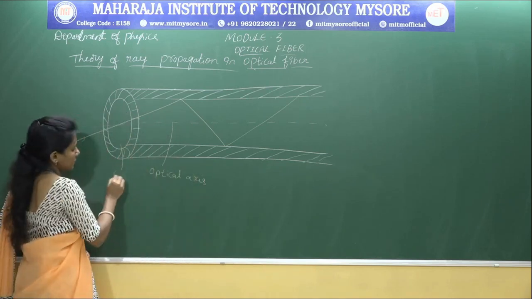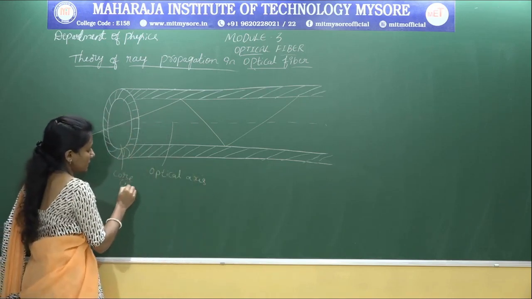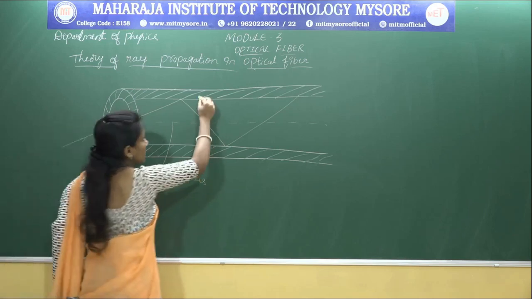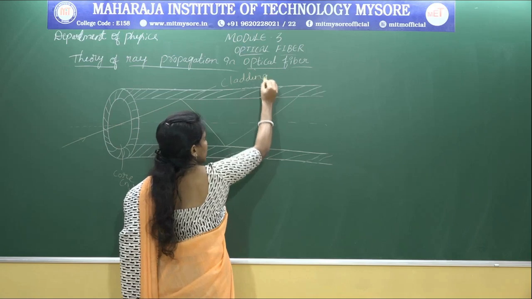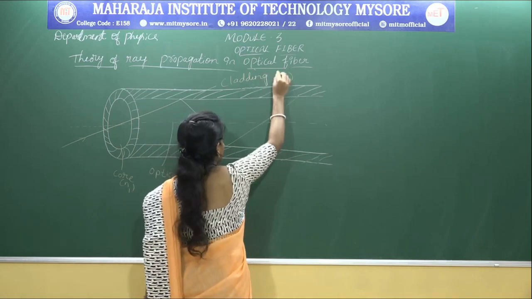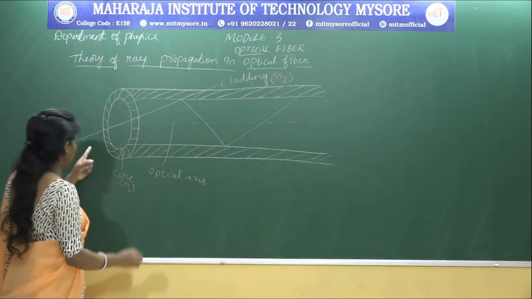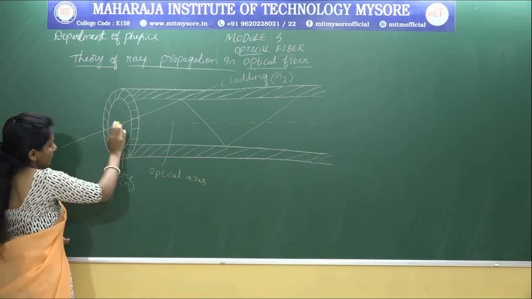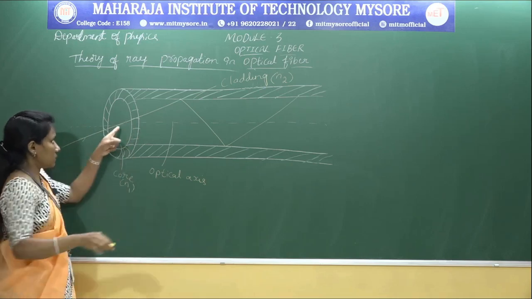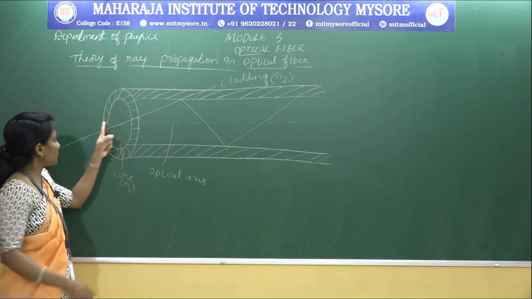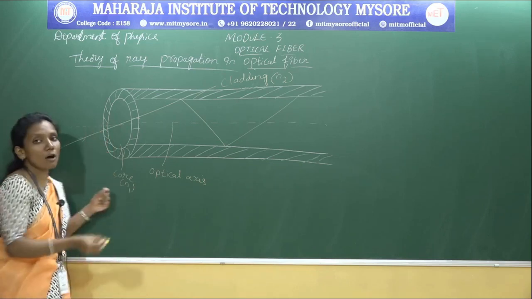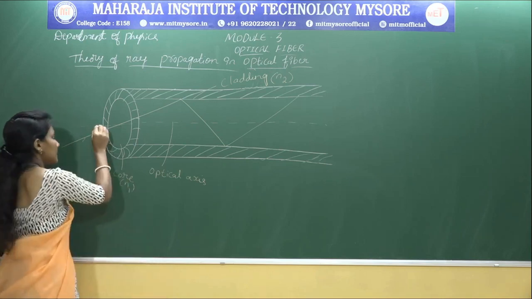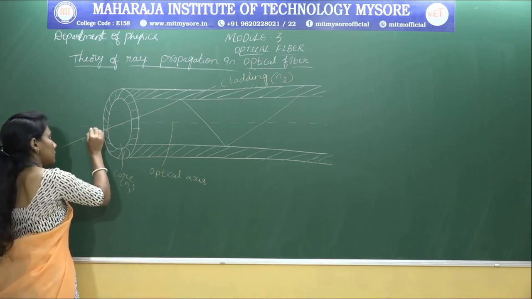The inner layer is the core with refractive index N1, and the outer region is the cladding with refractive index N2. When a ray of light enters from the surrounding medium into the optical fiber, it makes an angle with the optical axis, that is theta naught.